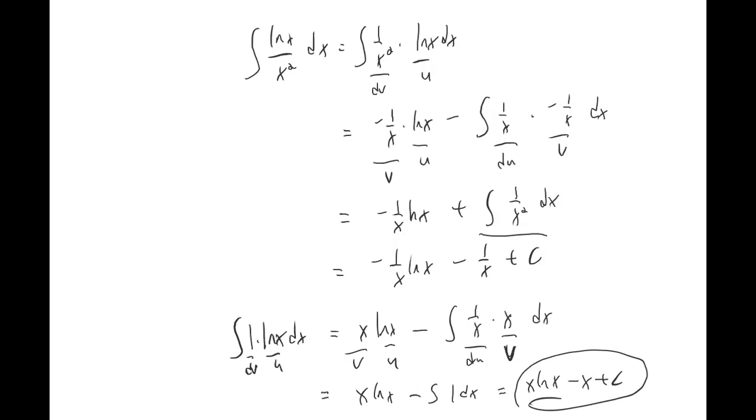Okay, now let's do something harder. So let's think something through. Here's what I want you to think. We're going to do this by parts. The integral of e to the z and the derivative of e to the z are the same, right?